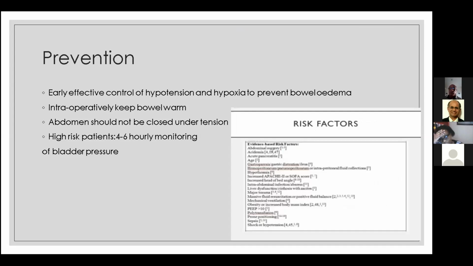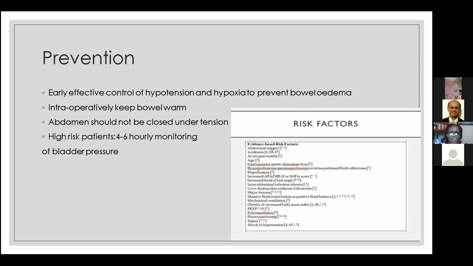So with prevention, you need to have an early effective control of the hypotension and hypoxia to prevent bowel edema. Intraoperatively, it's important to keep the bowel warm and also not to close the abdomen under tension.